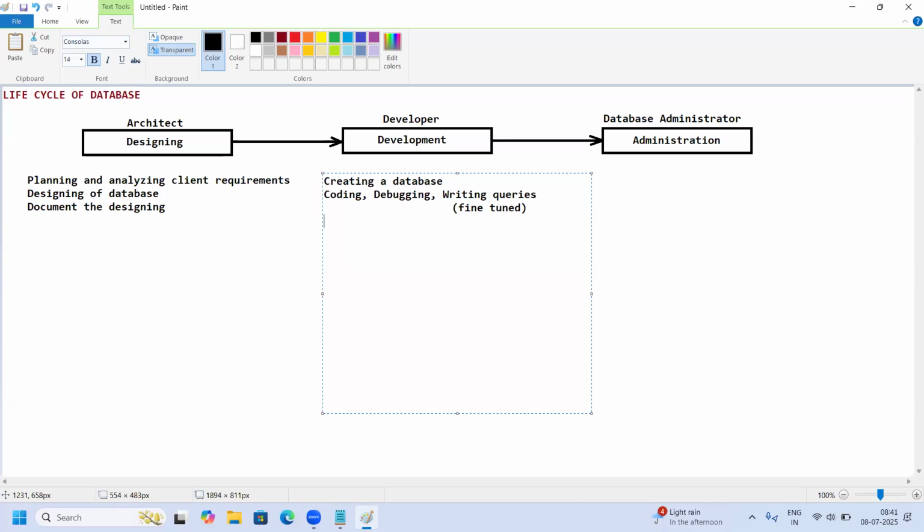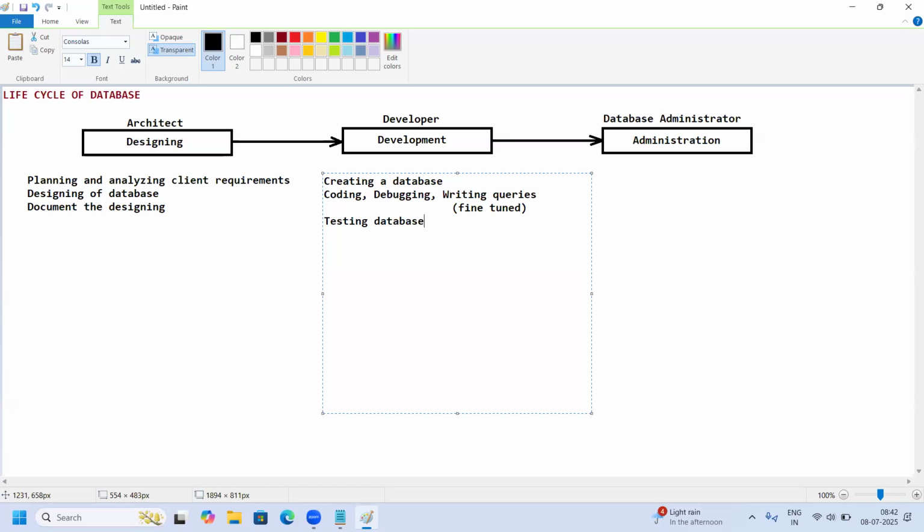I said no PL SQL programming. Who will detect errors? Who will find out how the program is working? We only should find. And we are even involved in testing the database. Fine-tuned in the sense what? The query should be written in such a way that it goes with smooth execution and fast execution.